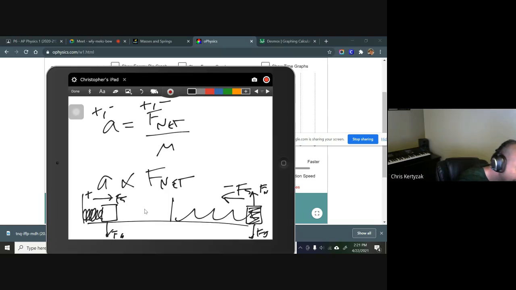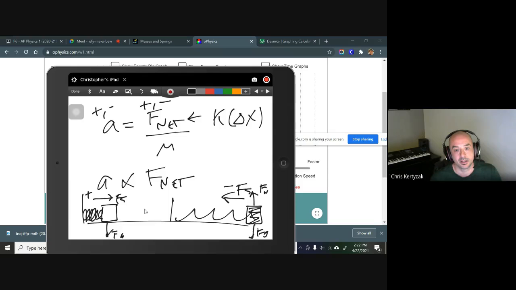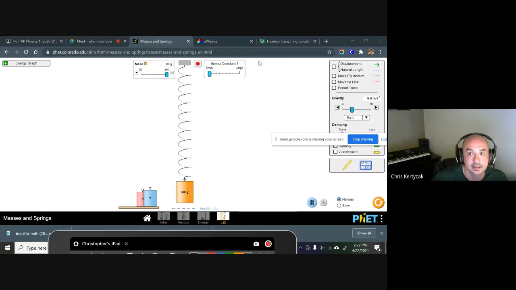Not only that, the net force is k delta x, right? That is Hooke's law. The spring force is modeled by k delta x. That's Fs. The spring force varies as delta x varies, remembering delta x can be plus or minus.